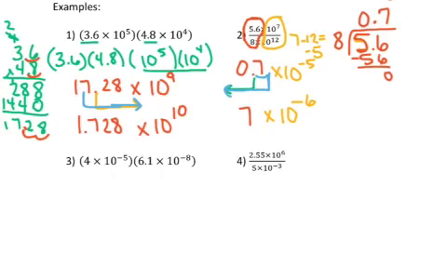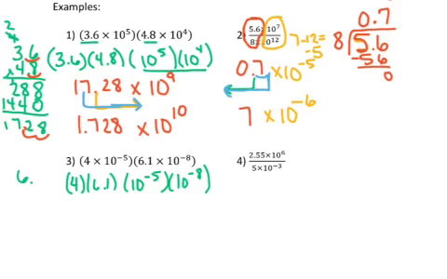Moving on to example 3, we're going to rearrange, so we're going to do 4 times 6.1 times 10 to the negative fifth times 10 to the negative eighth. We're using that commutative property.